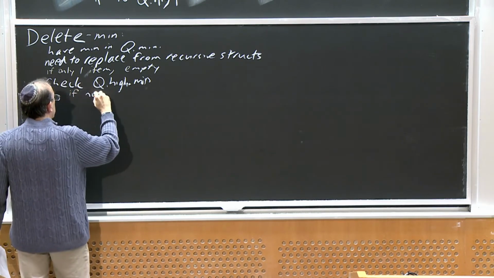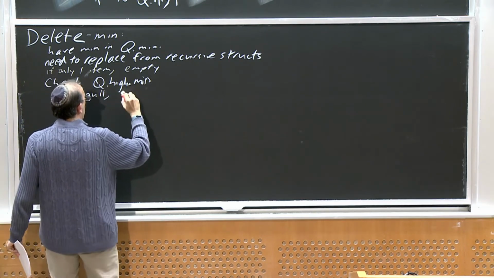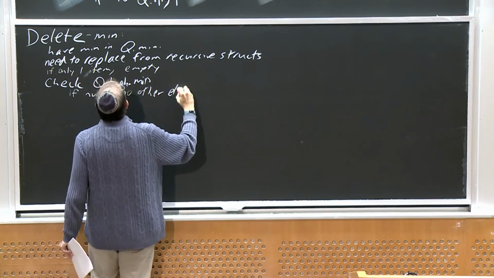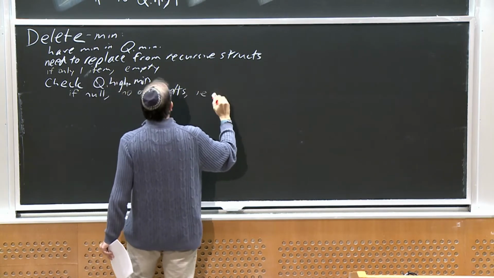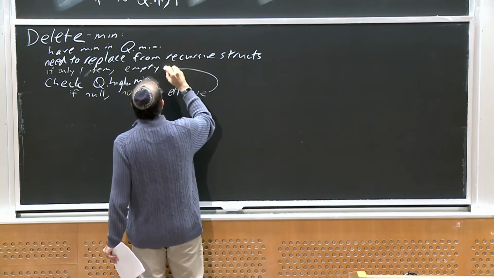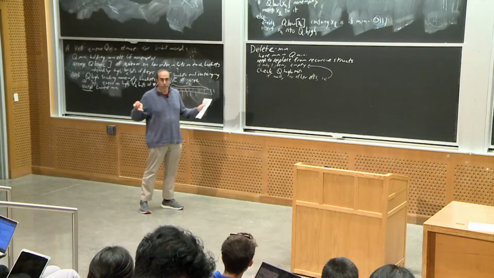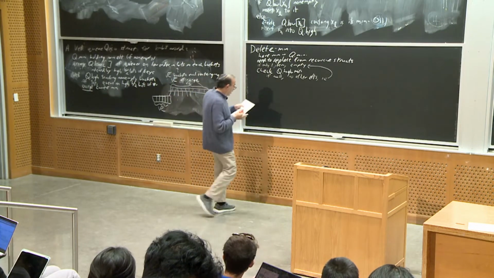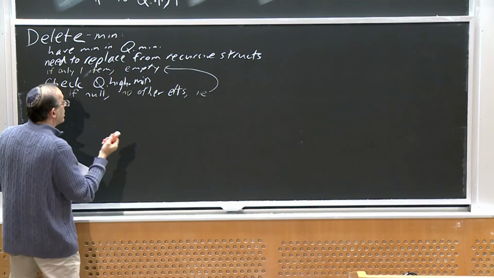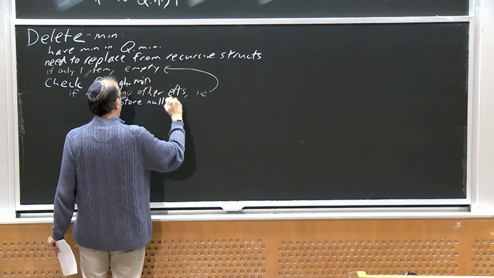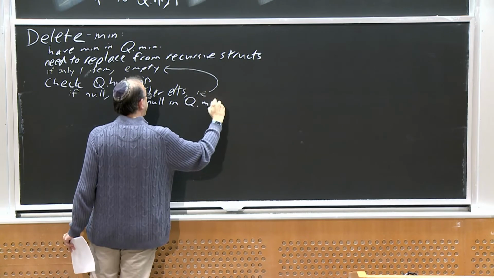If it's null, it means that there are no other elements, right? I.e., this is the queue becoming empty that I mentioned before, right? So I can just return, yes, I've deleted the min, but my queue is now empty, okay? So I don't have another replacement. And so I'll just store null in q.min.